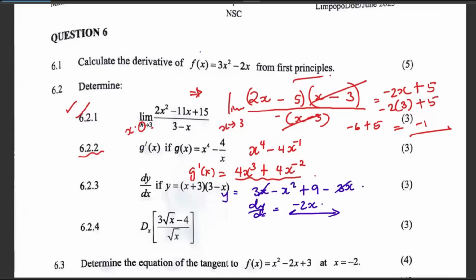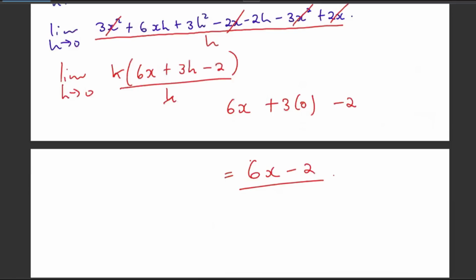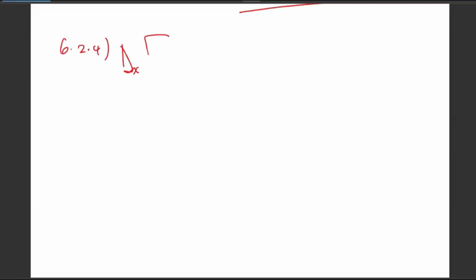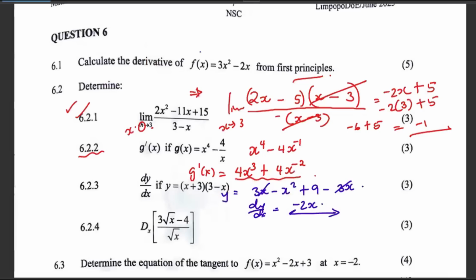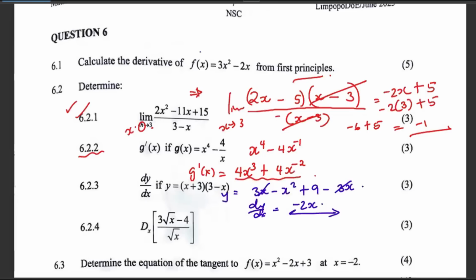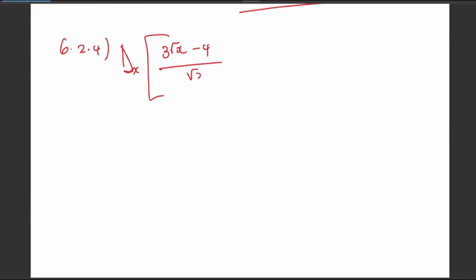And then 6.2.4, I'll put it this side. We're being told that we must look for d/dx of 3 root x minus 4, and I'm dividing this by root of x. So what I'll do, split this up first. It's 3 root x over root x minus 4 over root x.